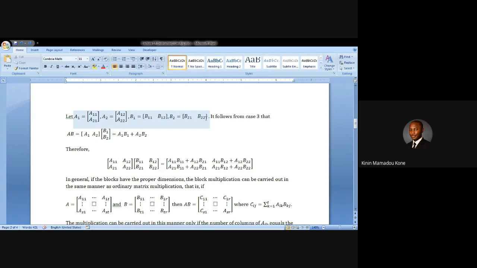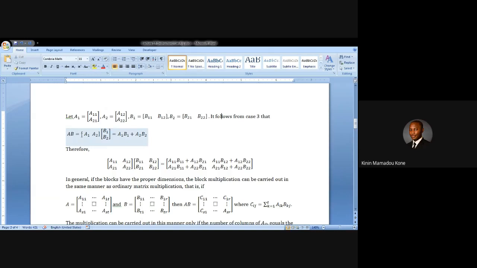So again, when you have blocks of matrices, you have to think about it as if it was regular matrices, where these are numbers rather than blocks. So think about it as if it was normal matrices. Don't think about it as if it was a block.